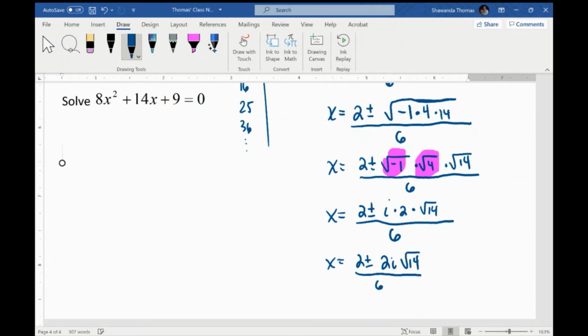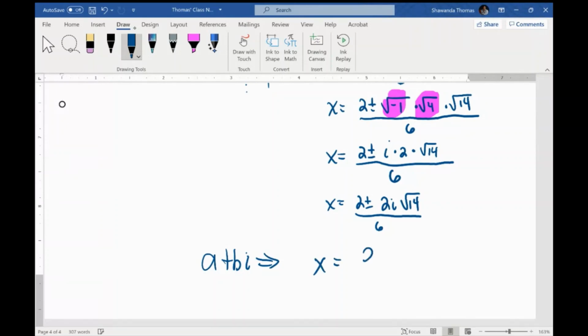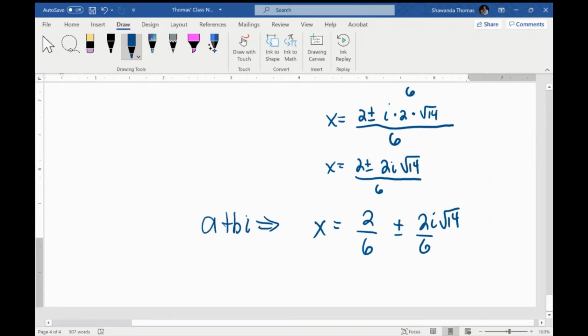But guess what? We're going to split it up because I want it in the a plus bi form. So x equals 2 over 6 plus or minus 2i over 6 times the square root of 14. Which means it reduces to what?